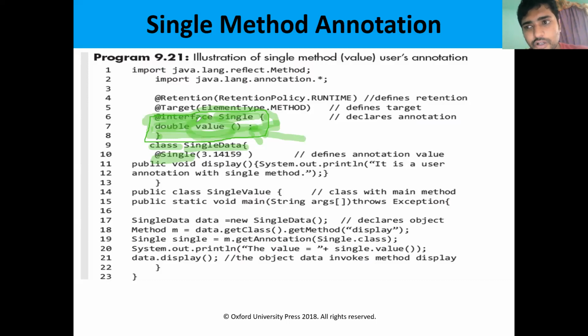Whenever you invoke the method value, the value will be 3.14. So we can assign these values by using the interface name. Here the annotation name is Single. @Single, the value is 3.14. So it defines the annotation value 3.14.